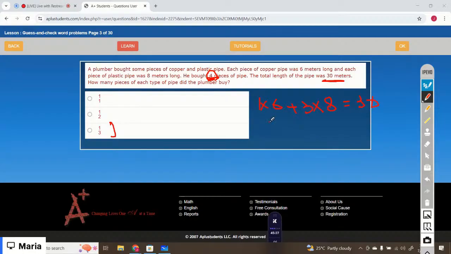So 6 times 1 is 6 and 8 times 3 is 24. So 24 plus 6 makes 30. So 30 is equal to 30. Option number 3 is the correct option.